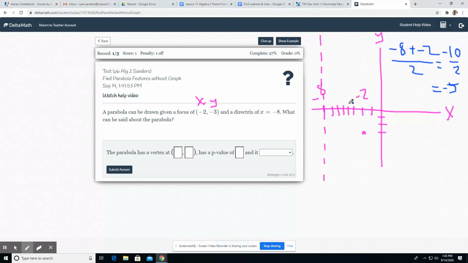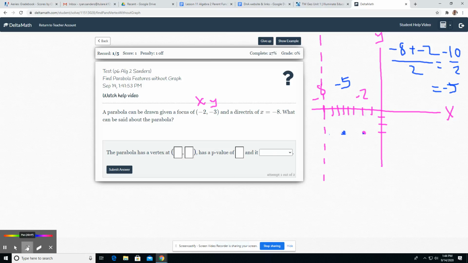And we can just kind of check: 1, 2, 3, 4, 5. -5 for part of the vertex. And it does look like that's about halfway between. So it always kind of matches with the focus where it's at. So in this case, we're matching with the y values here.